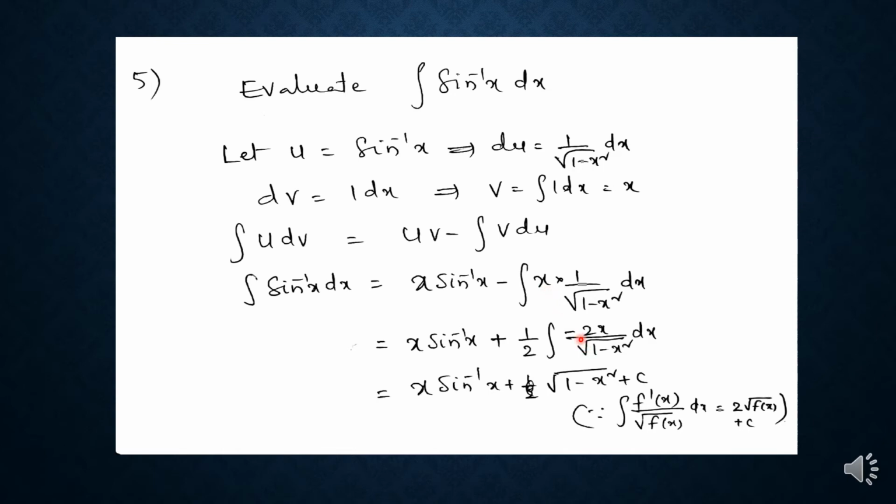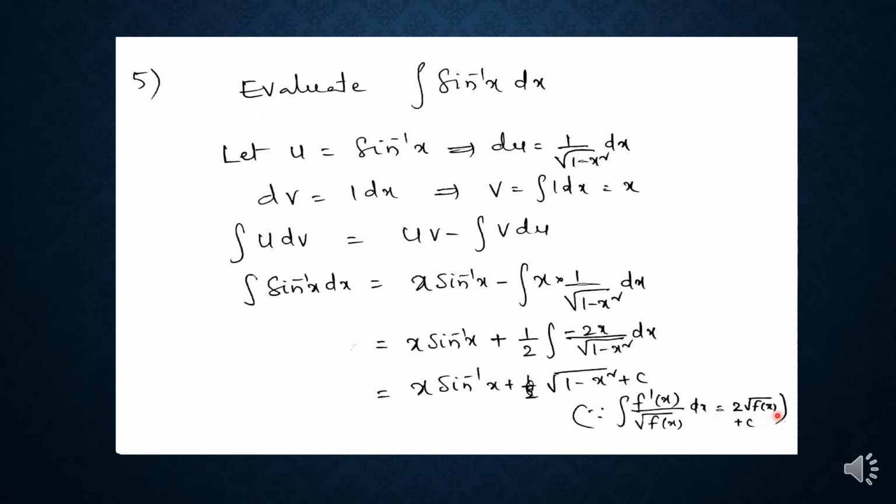By multiplying and dividing with minus 2, what we will get? Minus 1 by 2, that becomes plus 1 by 2 into minus 2x by root of 1 minus x square dx. So this is in the form of integral f dash x by root f x dx.